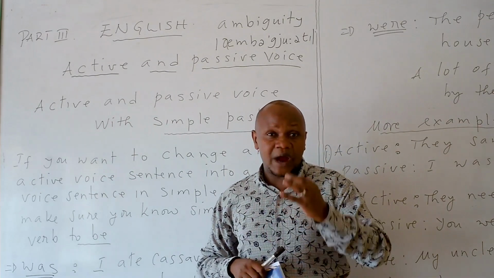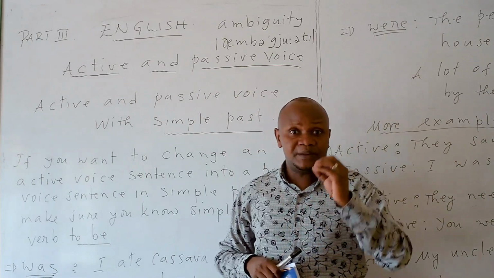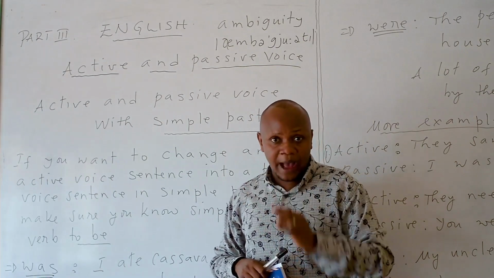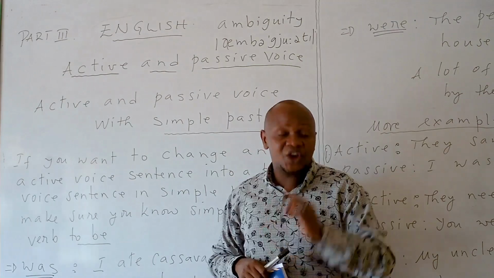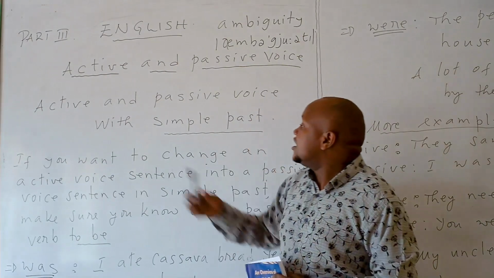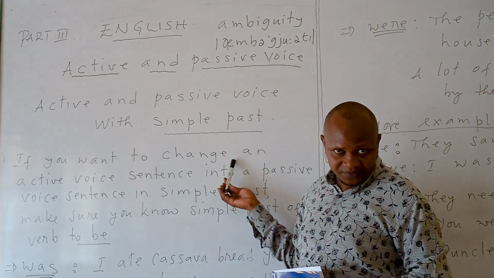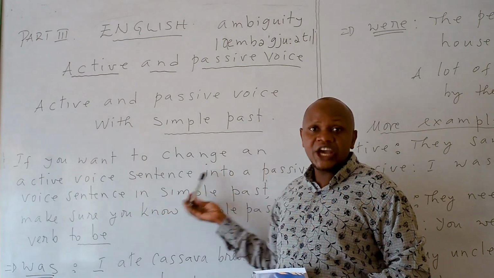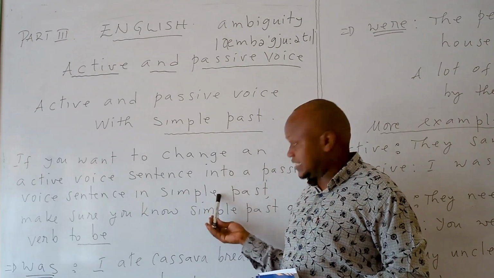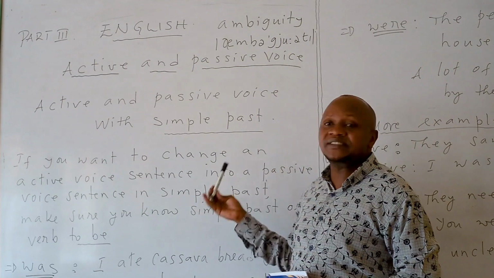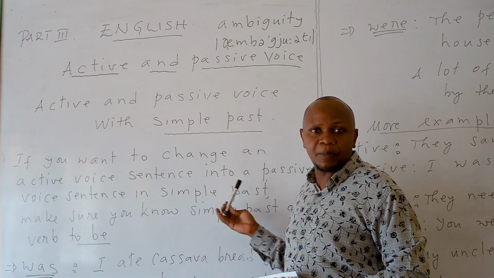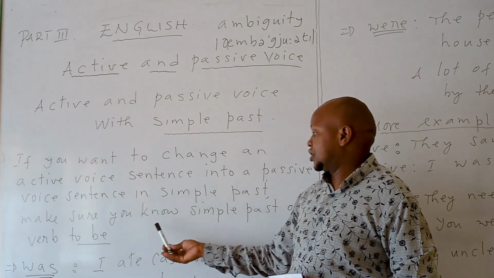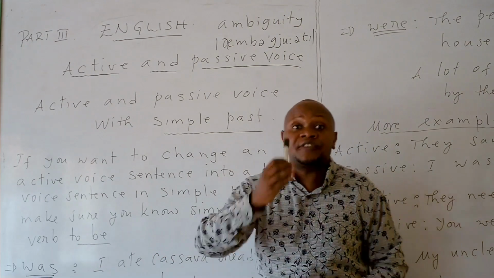Last time we gave you active and passive voice with the simple present. Now it's active, passive voice with simple past. If you want to change an active sentence into a passive sentence in simple past, make sure you know simple past of verb to be.